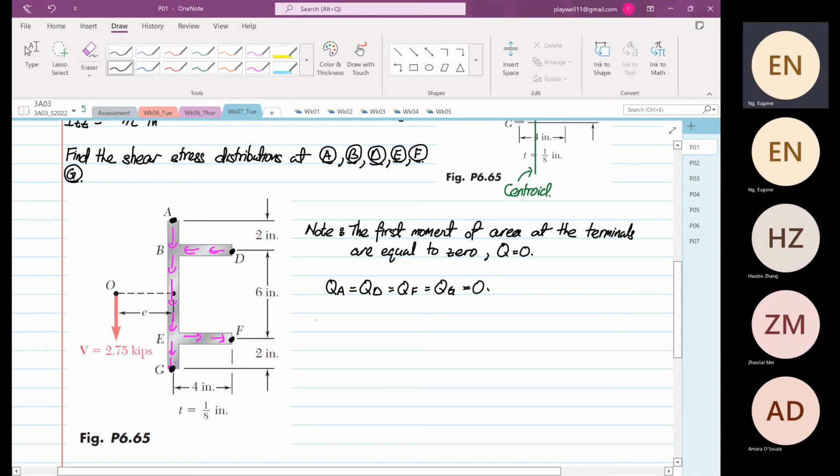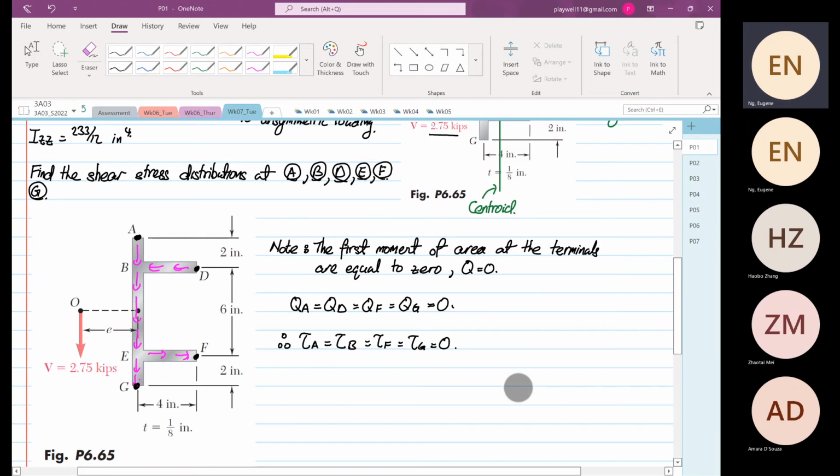Therefore, the shear stress at point A is equal to the shear stress at point B, equal to the shear stress at point F, equal to the shear stress at point G, and they all are equal to 0.